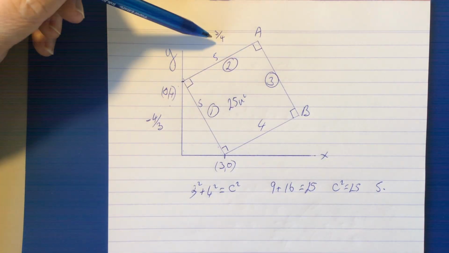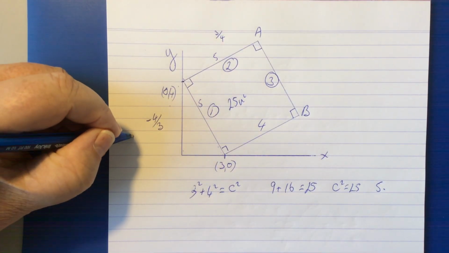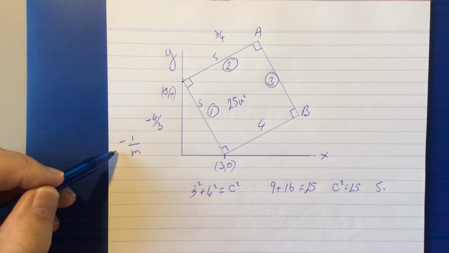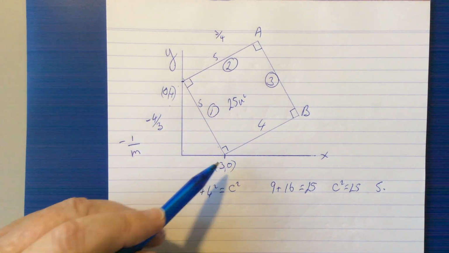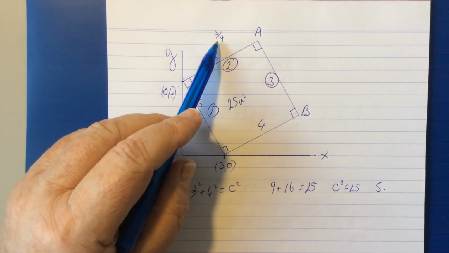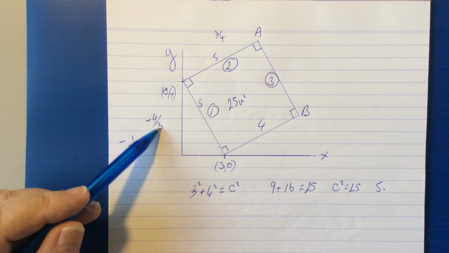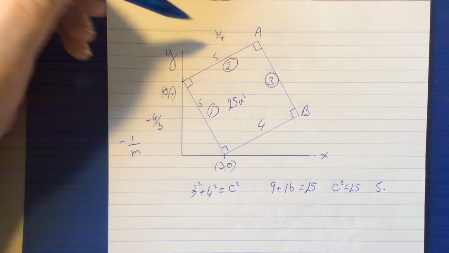We arrive at that because the gradient of a perpendicular line is given by negative 1 over the gradient of the original. As this is negative, this will be positive, and we invert the fraction. So that is 3 over 4.